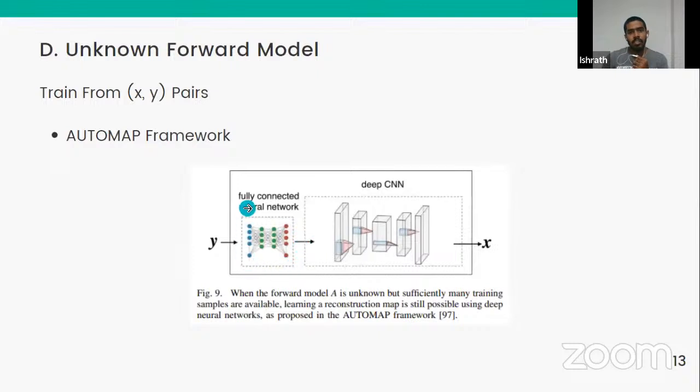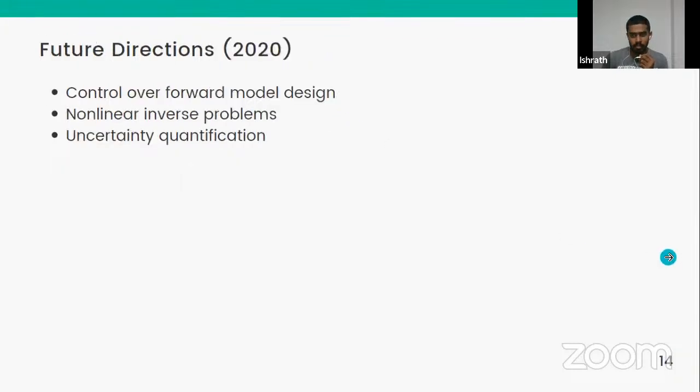In the first stage, they extract intrinsic features of the measurements with the fully connected network, and using those features, they then reconstruct the ground truth image. Yeah, so that's all the categories and works discussed in the paper, as a summary.